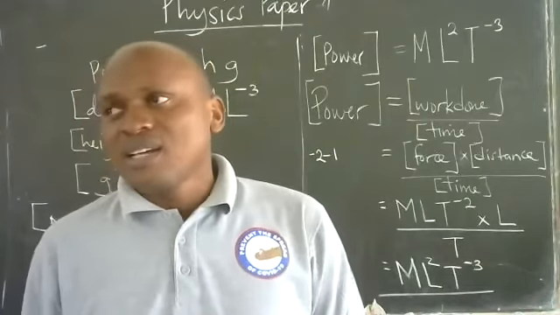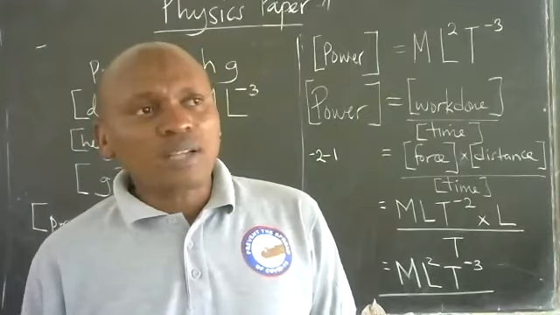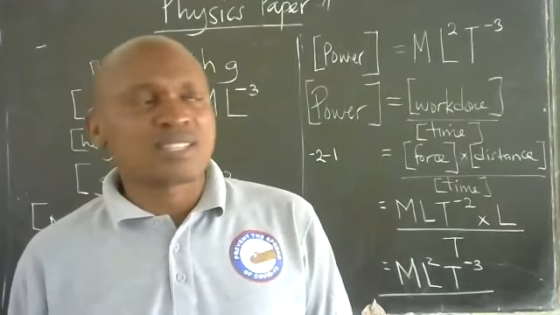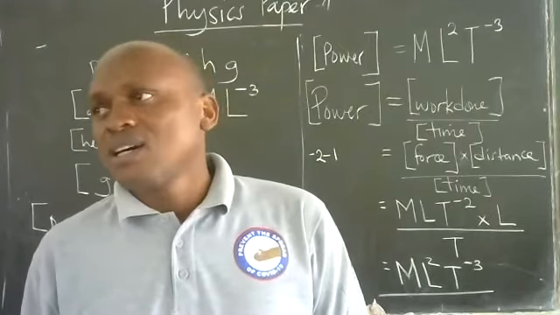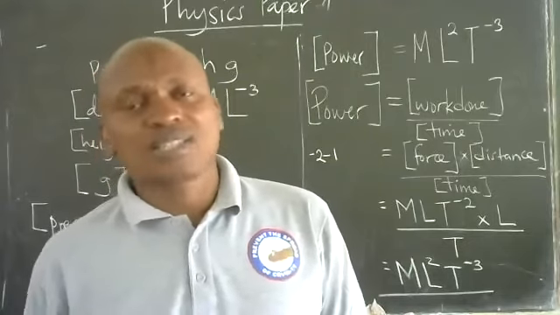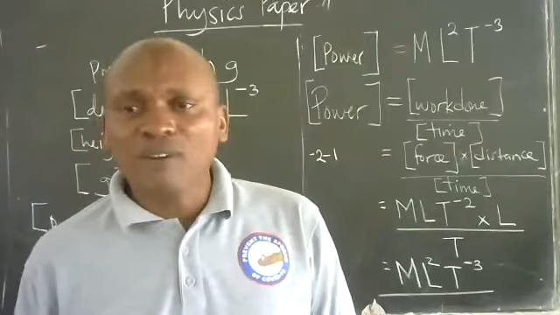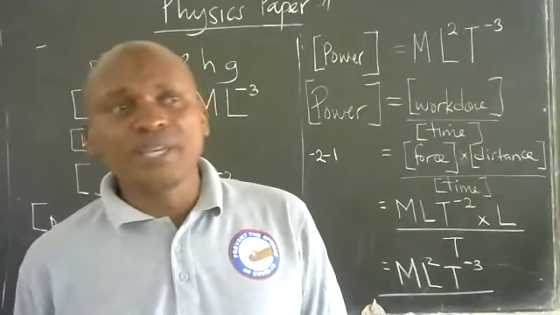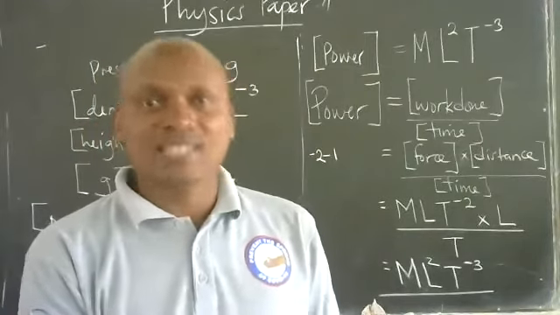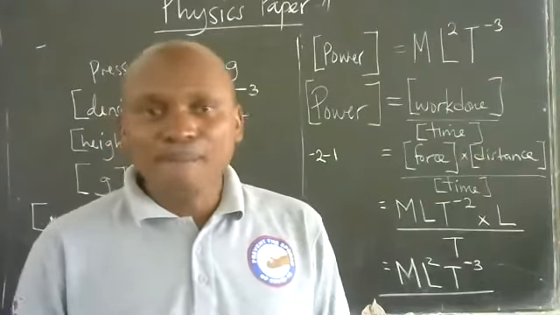Then we said other quantities have no dimensions, have no units. Those that have no units are given a name. In physics, quantities that do not have units are said to be dimensionless quantities.